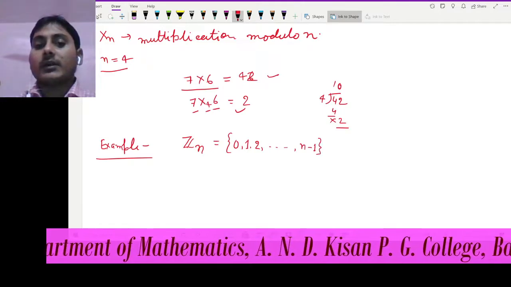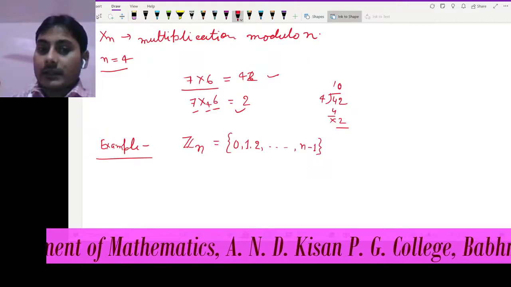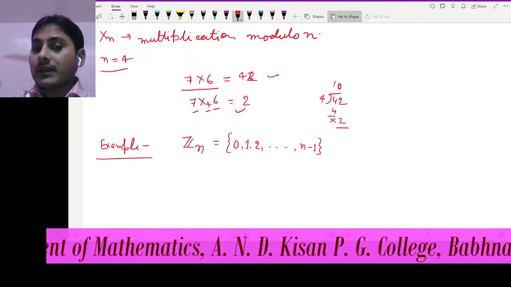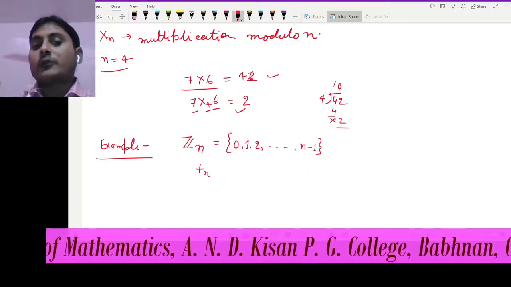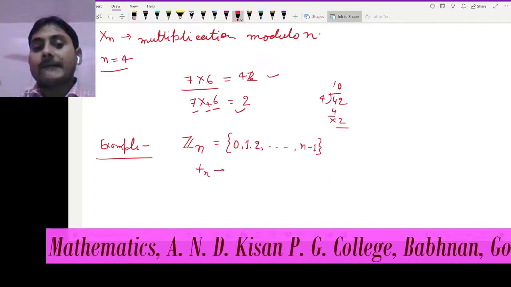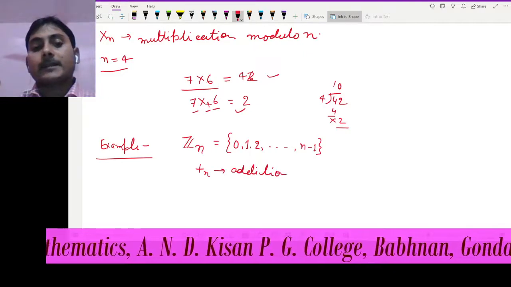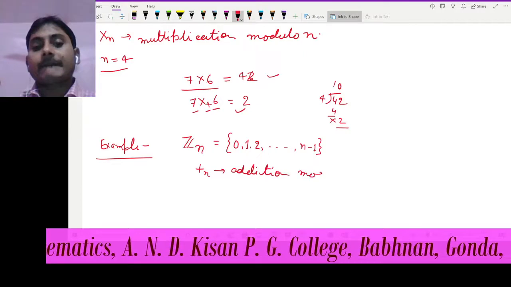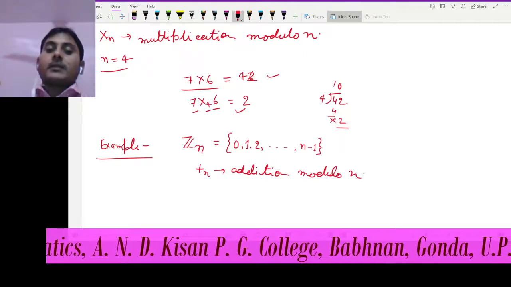And the operation I am taking here is addition modulo n.